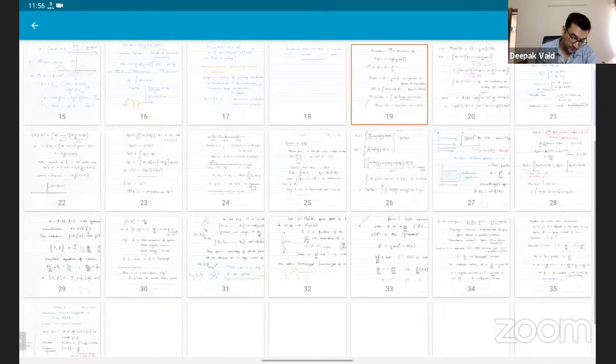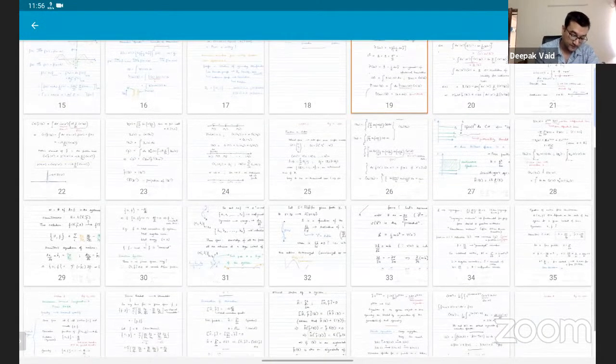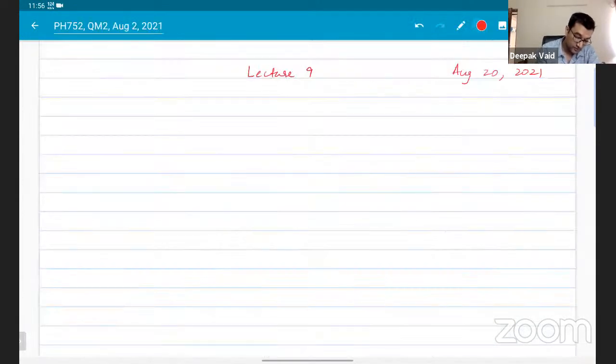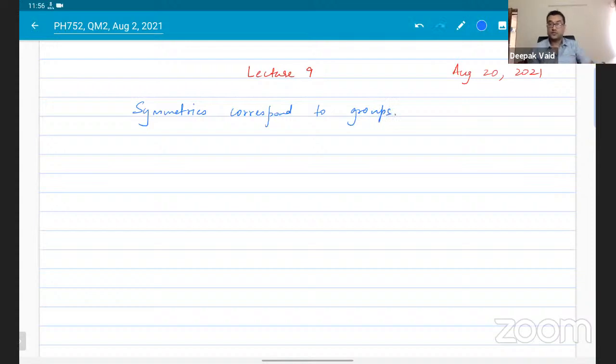Another way to say the same thing is that, so let me write it down. Symmetries correspond to groups, right? So associated with the action of any symmetry, there is a group.